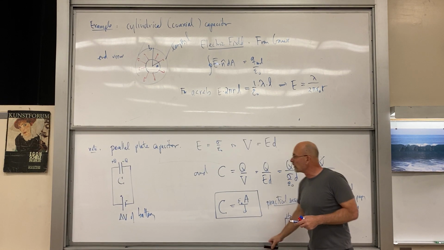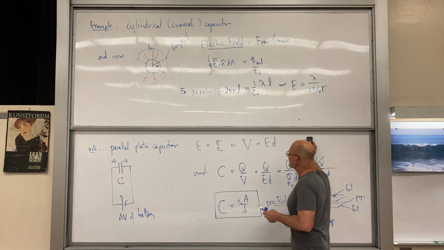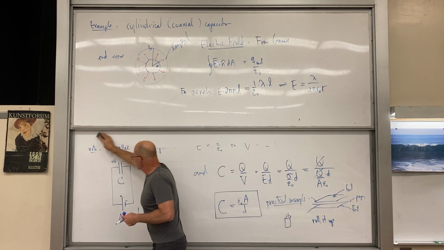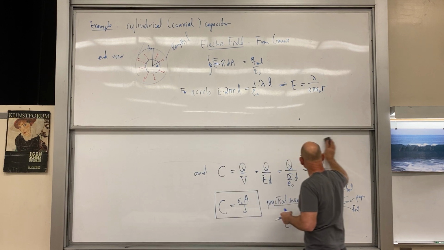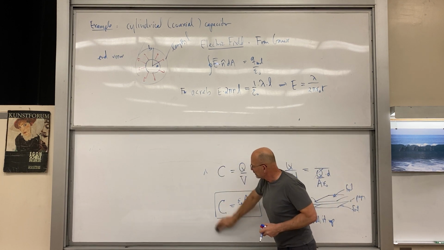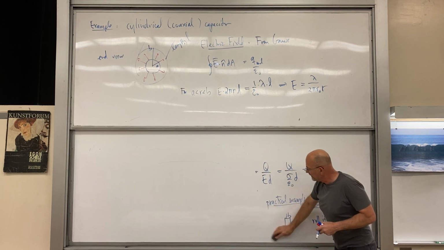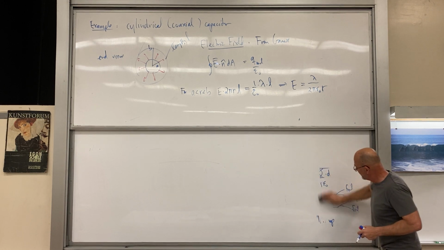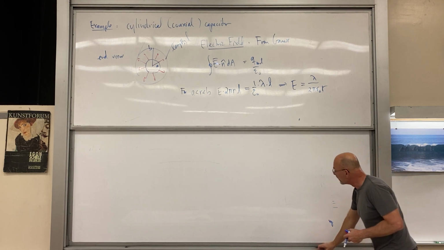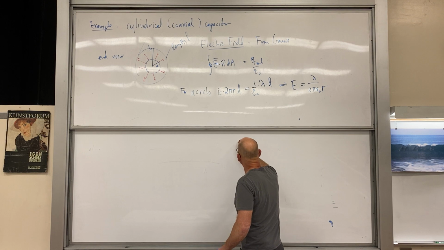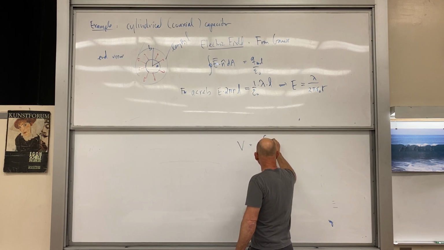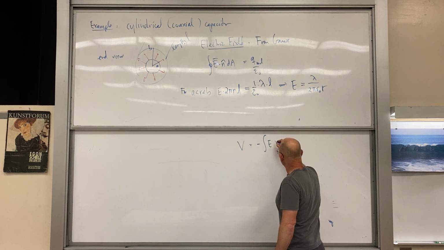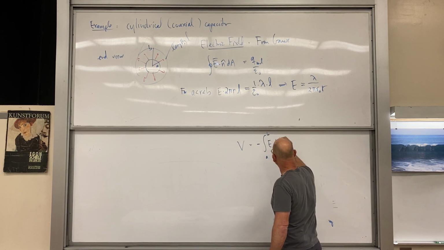Now, what's the potential? The potential is just minus the integral straight along the field, so no problem there. So the line integral, we're going to get our V equal to minus the integral of E dr from a to b.